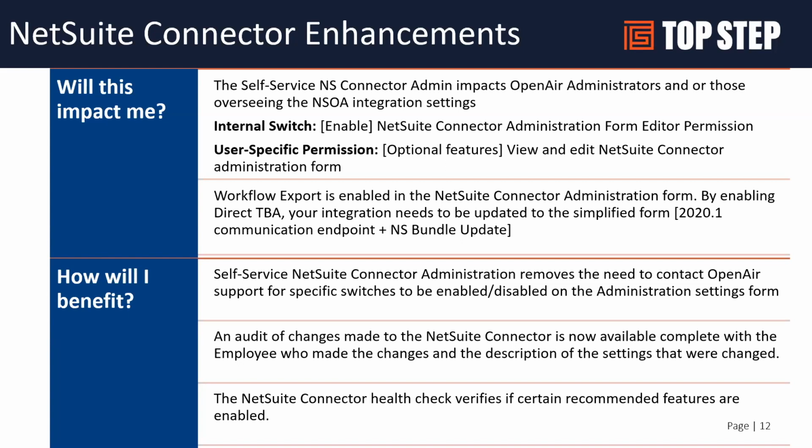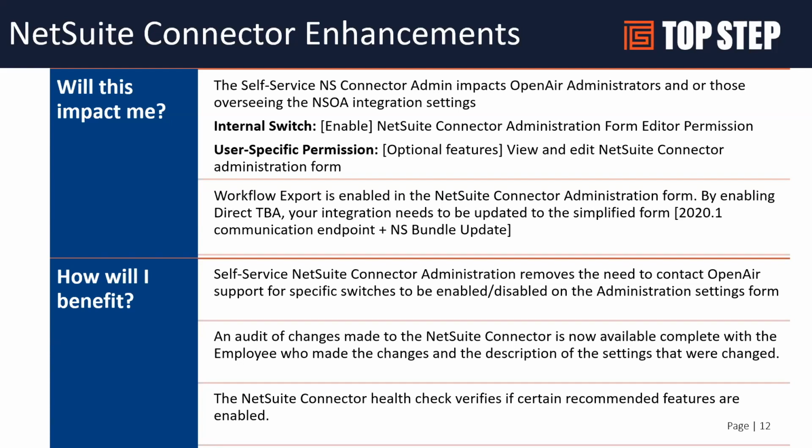We talk about those. The connector changes really help to bring together the traceability within the system. Those connection points between NetSuite and OpenAir are important to make sure that everything's staying intact and that we have the latest and greatest features enabled in the integration.